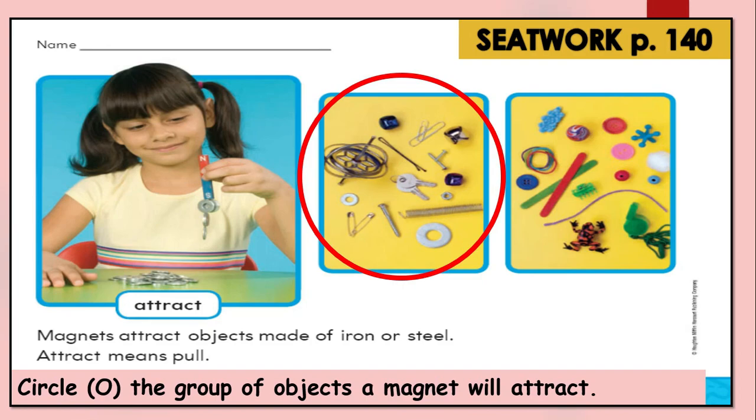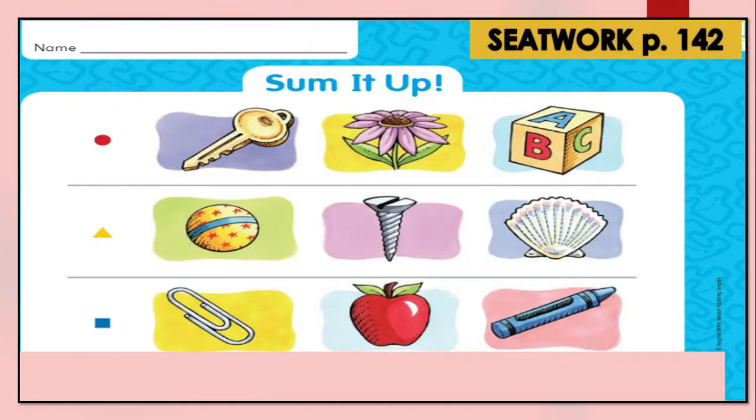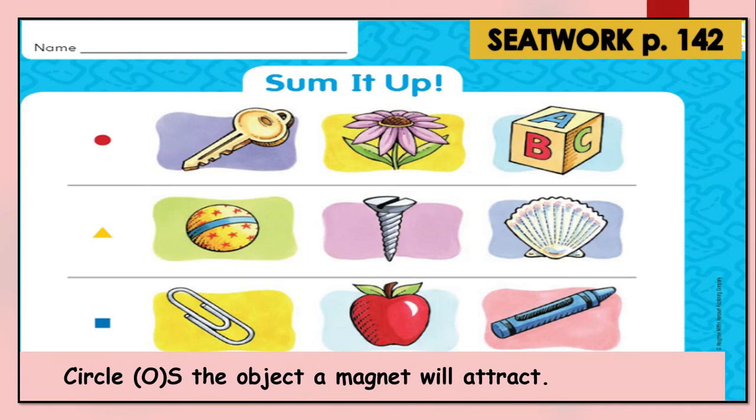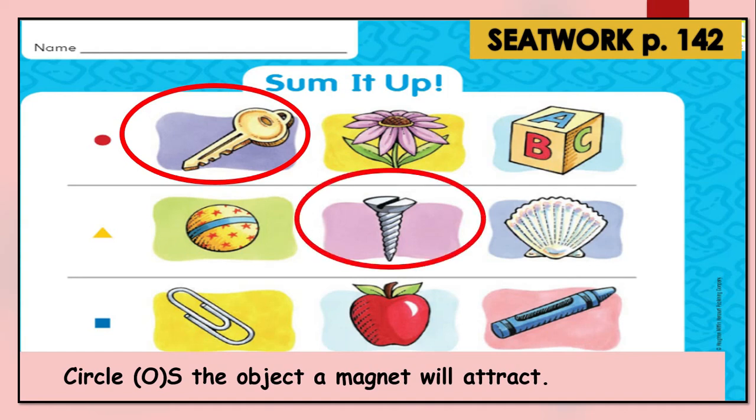Next, the last seat work will be page 142. Circle the object a magnet will attract. On the first row, we have key. Second row is screw, and the last one is paper clip.